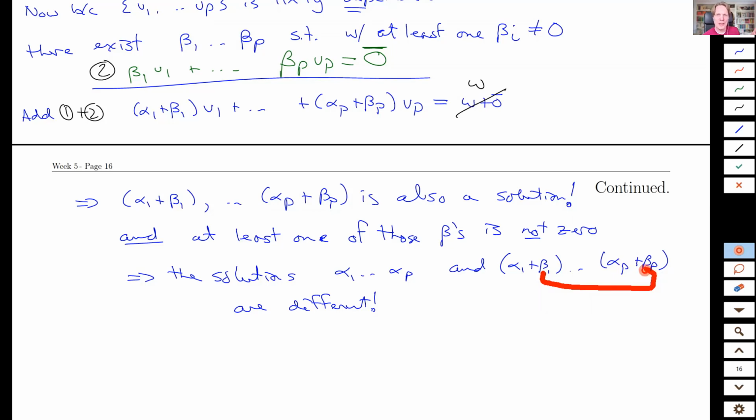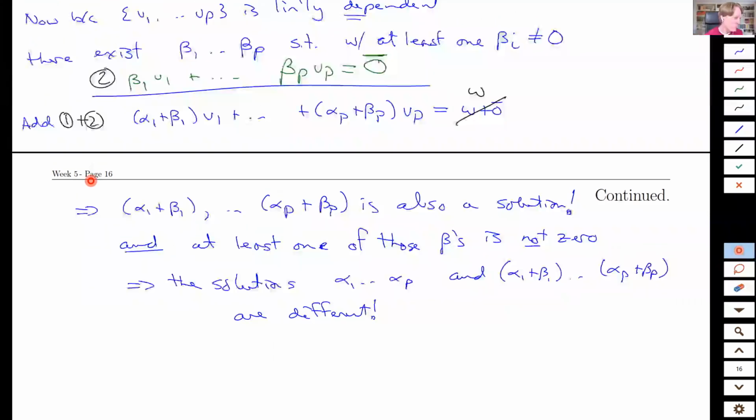So I've added zero to everything, even though it looks different because I put symbols there. If we're in the last case with linear independence, all of these betas would just be zero. And so I could cancel them out and I would be back to my first solution. So that would be the difference between the two scenarios if we walk through them here.